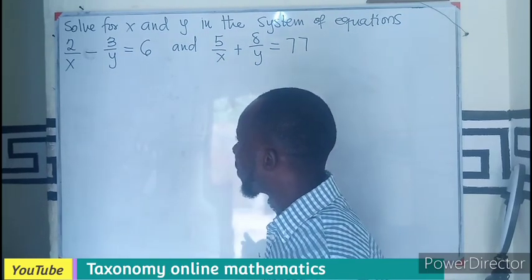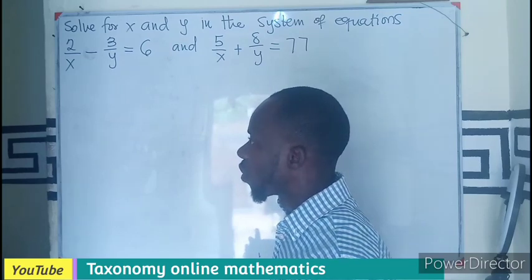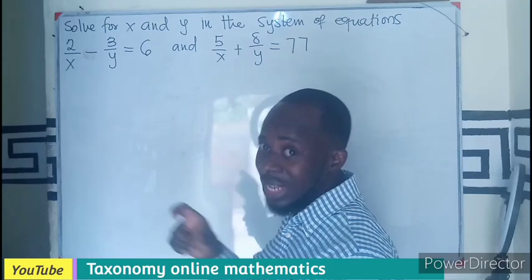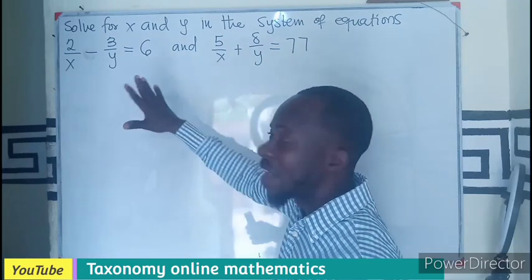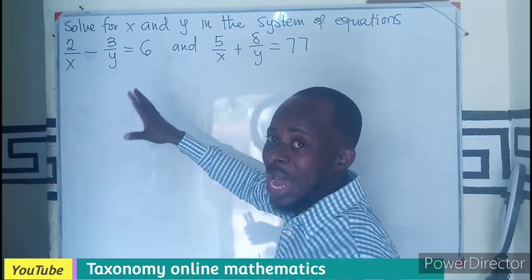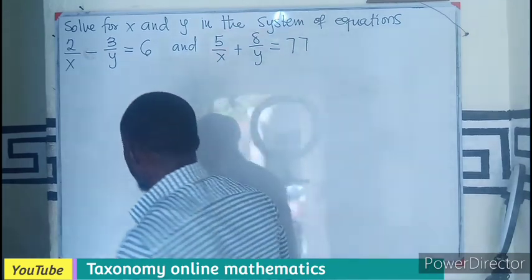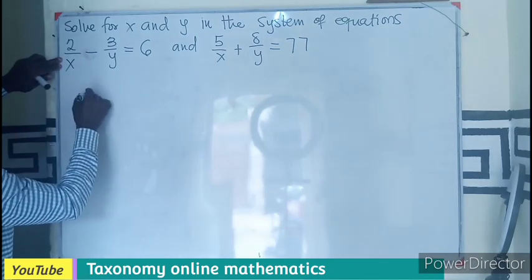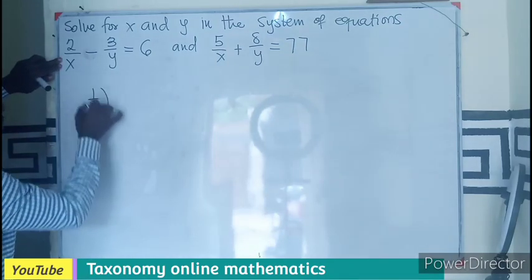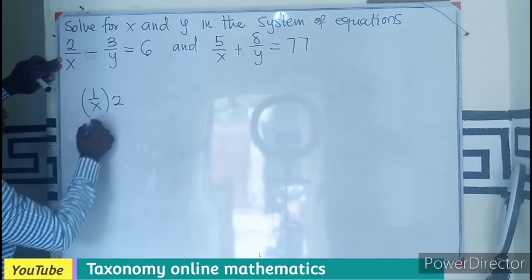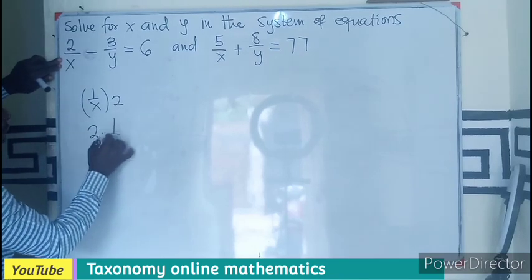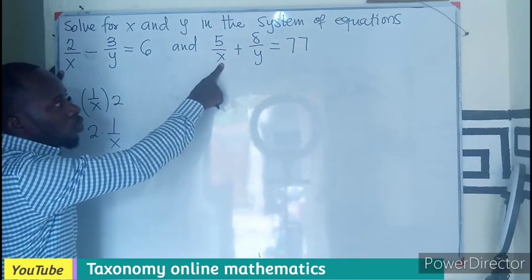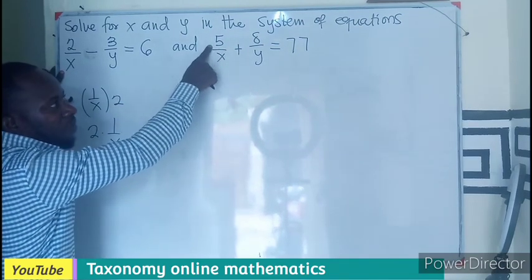So for this particular one, we can do substitution. Not the substitution method and elimination, but substitution of variable. I'll replace x and y with a different variable. You can see that we can rewrite this as 2 times 1 over x, which is in equation 1, and it is still in equation 2, 1 over x times 5.